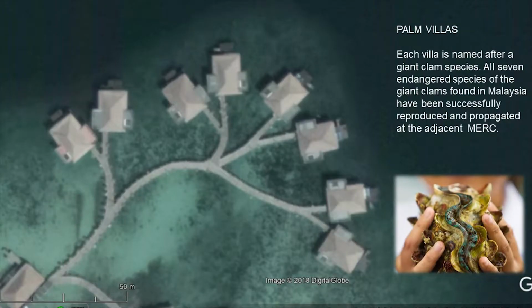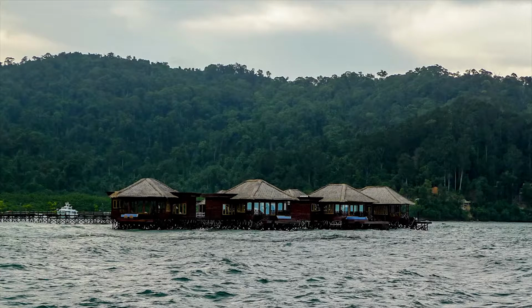Now this giant clam is on the red list of endangered species. In fact, 2 of them were already declared gone, but they managed to successfully reproduce and propagate and then plant them back into the surrounding sea. So that's the giant clam. Actually, this is the oldest one from baby. And that is the Palm Villa.